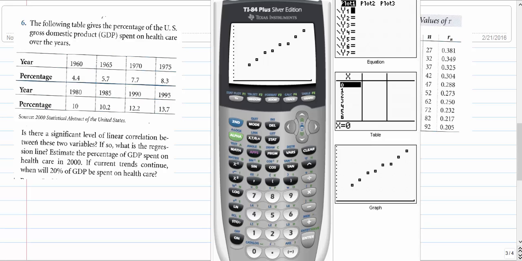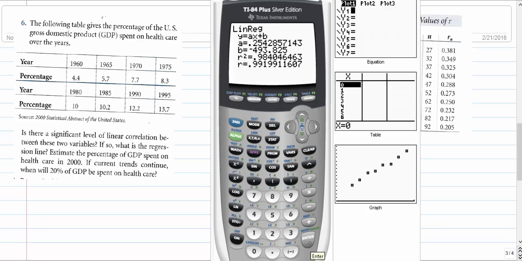Now I want to find the R, stat, calc, for, and I have several lists, so I want to choose L1 and L2. So my L1 is second L1, comma, second L2, enter.